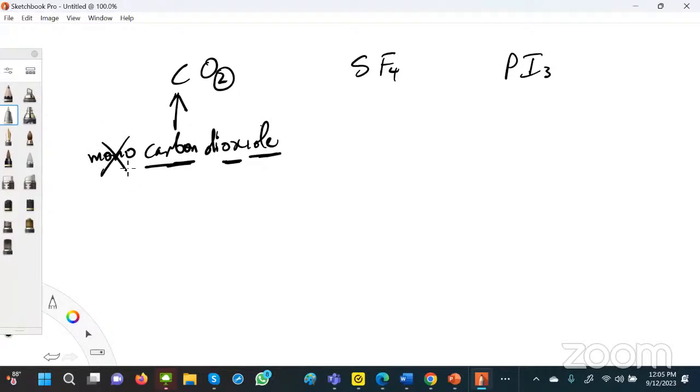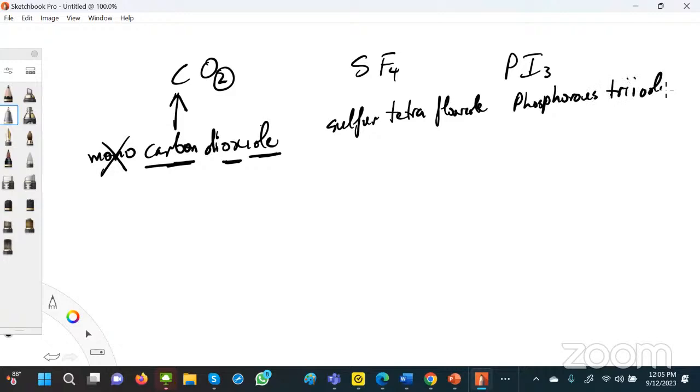You simply say carbon dioxide, all right? In this case here, the name of this molecule is sulfur tetrafluoride, all right? And then in the case of this molecule, it's phosphorus triiodide, all right?